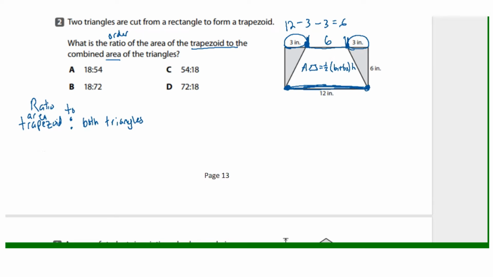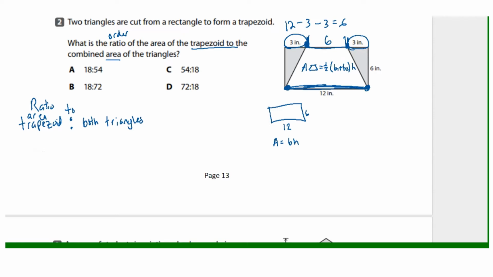What I would do is find the area of the whole rectangle. So the whole rectangle is made up of both the triangles and the trapezoid. So I will find the area of the whole rectangle, which is, I will use the dimensions 12 by 6. I'm going to use my formula area equals base times height.